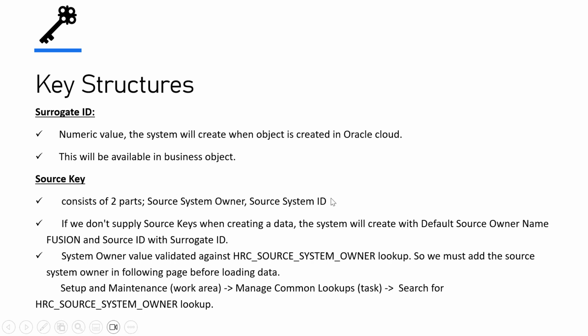In that case, the combination of system owner and system ID acts as the distinct identifier. Suppose server 1 is giving record 1 and server 2 is giving record 2 with the same key numbers, maybe the same IDs. In that case, you will create an owner S1 and an owner S2. Now the combination of S1 and the key, and S2 and the key, will be distinct. That's how system source keys work.